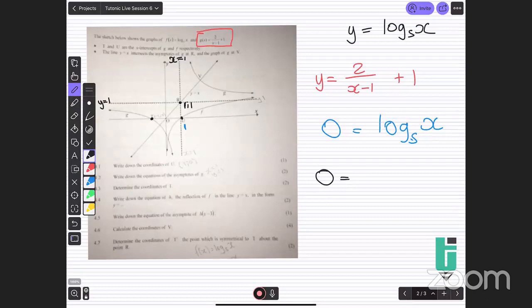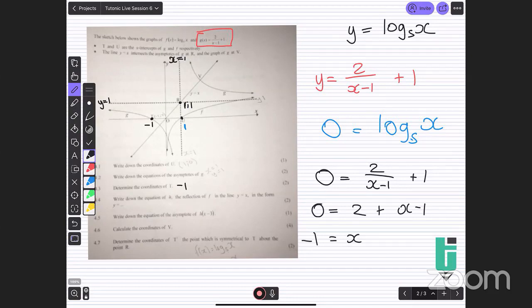Make y equal to 0. 0 equals 2 over x minus 1 plus 1. Take the 1 over, multiply by x minus 1, so 2 plus x minus 1 equals 0. So x equals minus 1, which is also what she got.